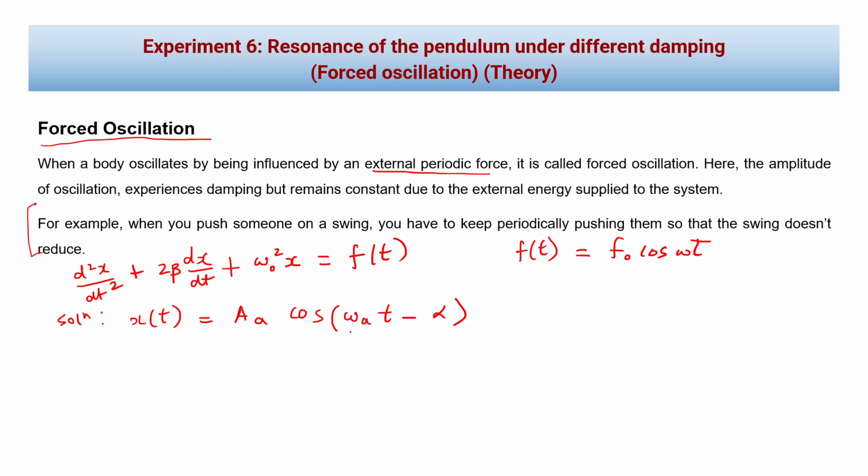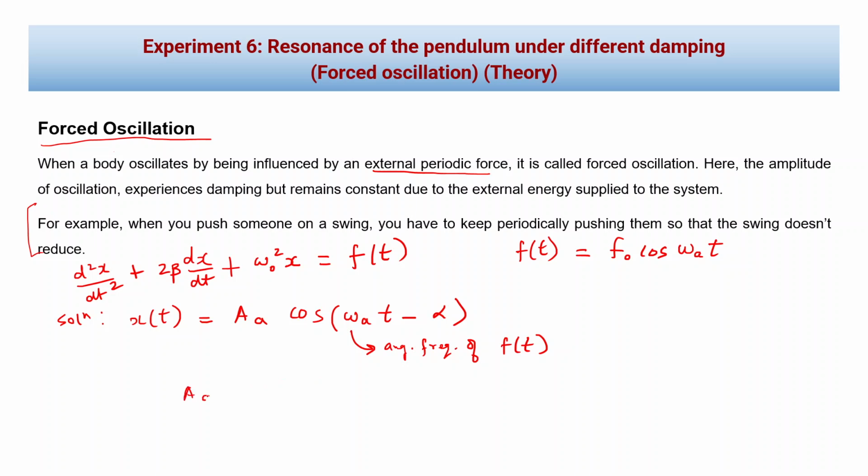This omega a is the frequency of the applied force. The force that we are applying is periodic, right? And that periodic force also has an angular frequency, which we are denoting as omega a. So this is the angular frequency of F t, the applied force, right?